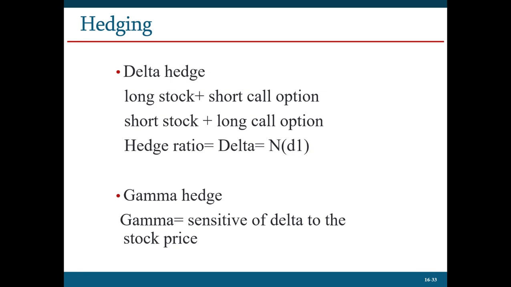How to capture the dynamics of delta? The key here is to take the second derivative. That second derivative of the option price with respect to the stock price is called gamma. So delta is the first-degree derivative of that sensitivity, and gamma is the second-degree derivative. It's called delta hedge and gamma hedge.